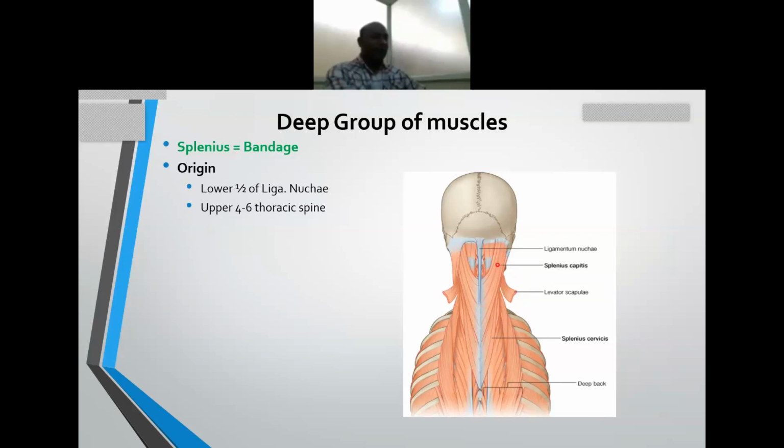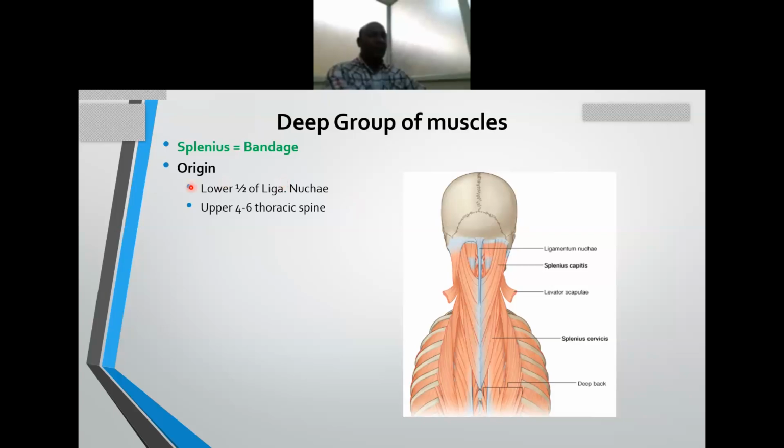Okay, and the splenius capitis attaches to the lateral aspect of the superior nuchal line, lateral to the origin of trapezius and attachment of the semispinalis capitis muscle.